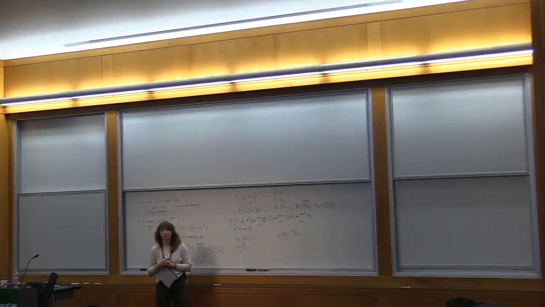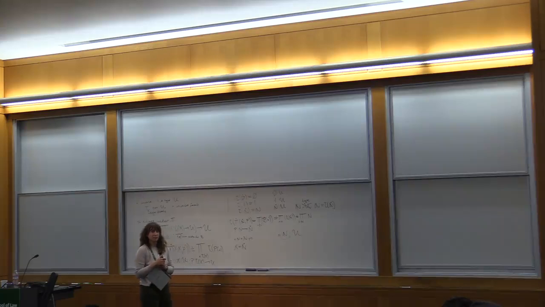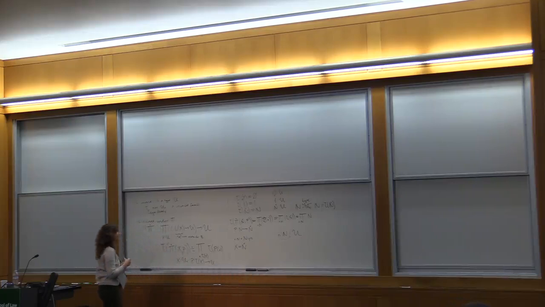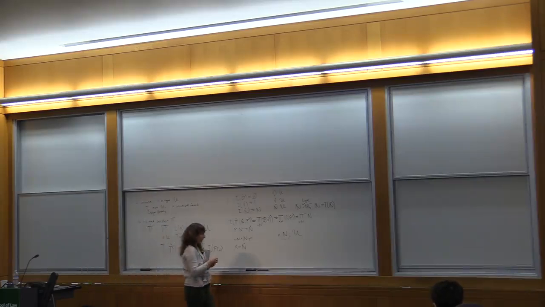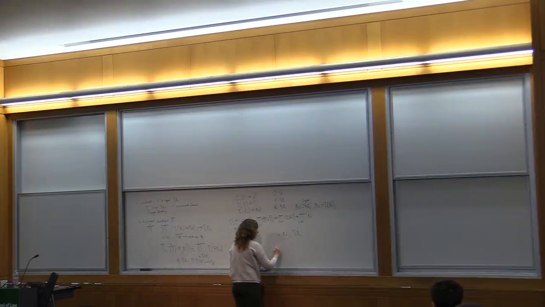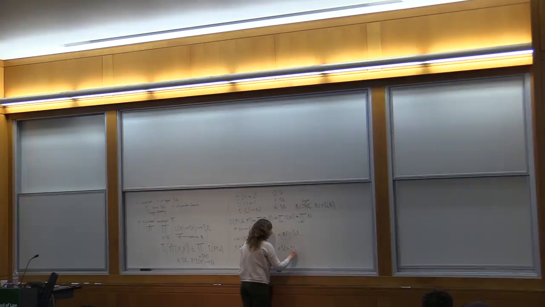Oh, I think the question was, what is the type of tau? Like, it can't return U, right? Because U is the type of codes. And I explicitly don't want to write this. Tau is a type family. What I can write is, for every little x in U, tau of x type.